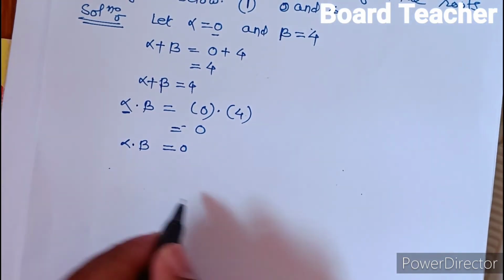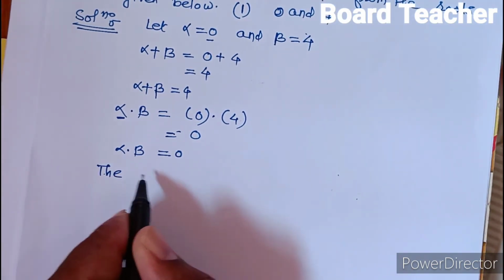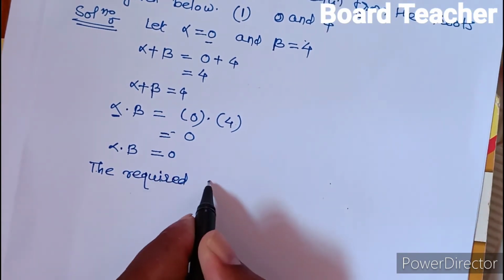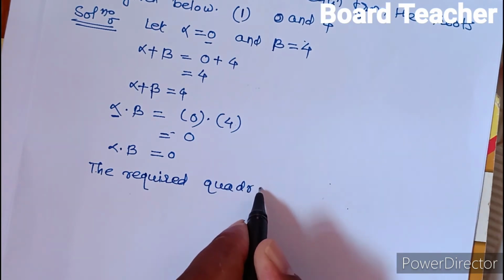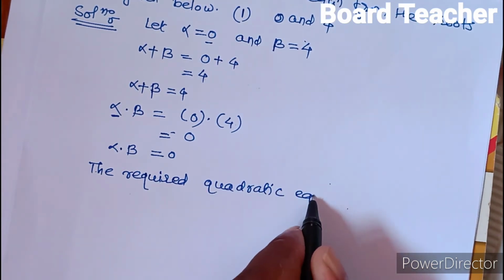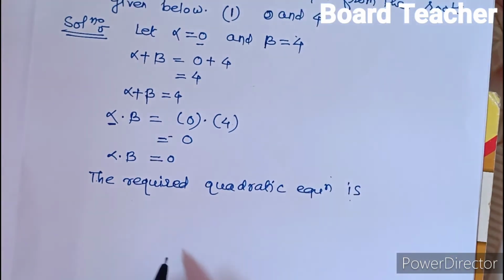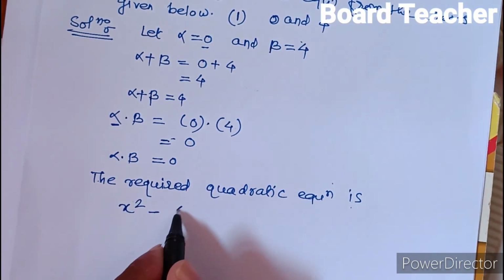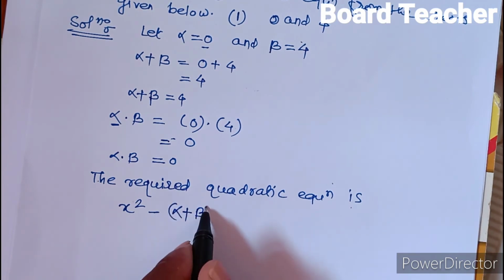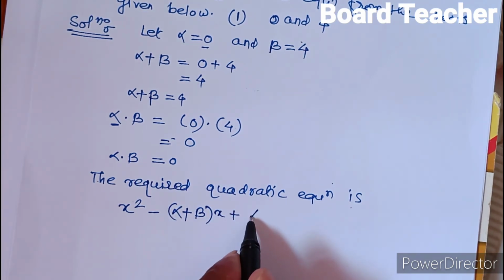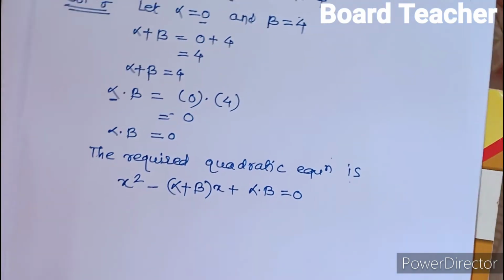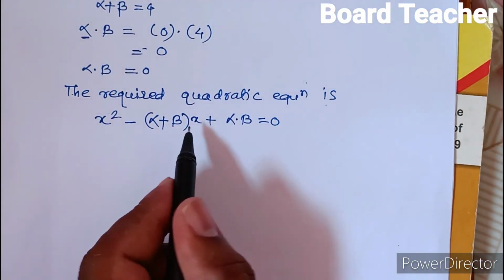Therefore alpha dot beta, the value is 0. We have to form the quadratic equation. The required quadratic equation is x square minus alpha plus beta into x plus alpha dot beta equals 0. This is the required quadratic equation in the form of the roots alpha and beta.